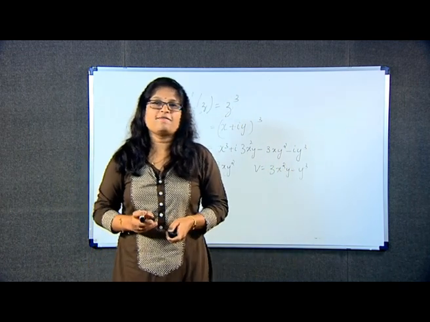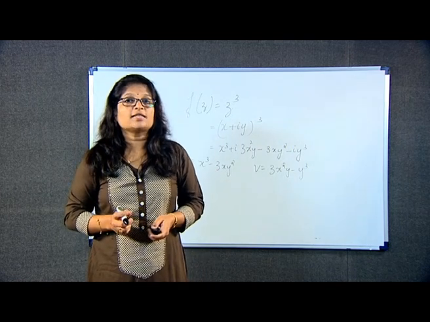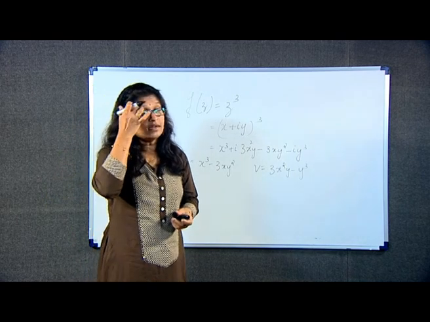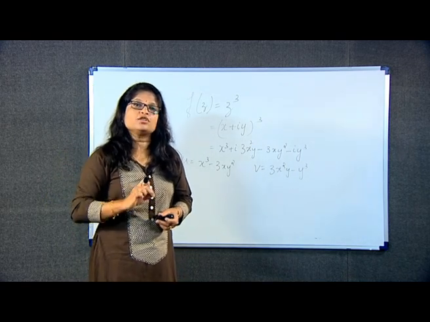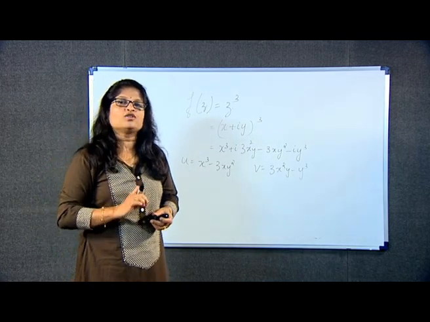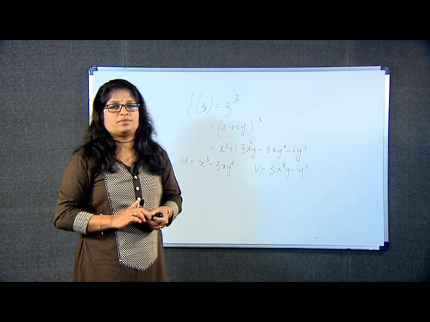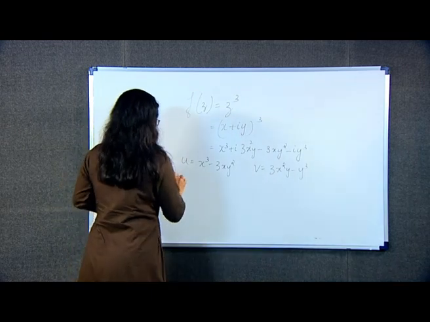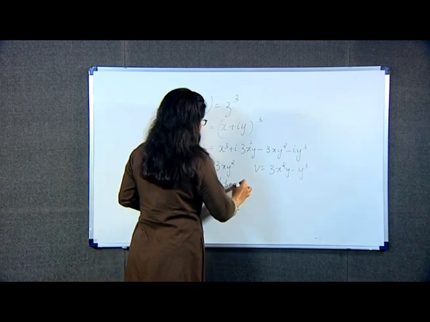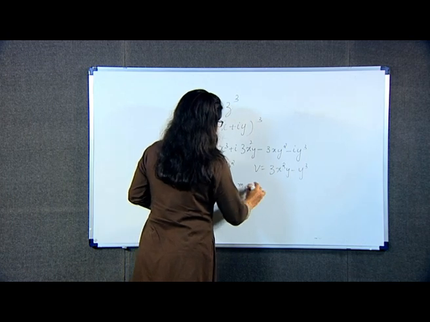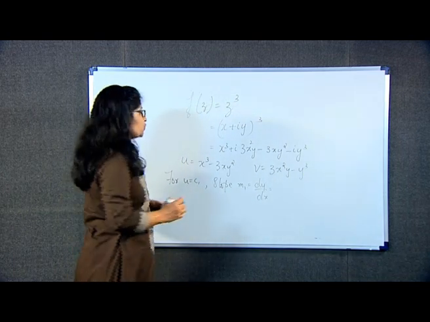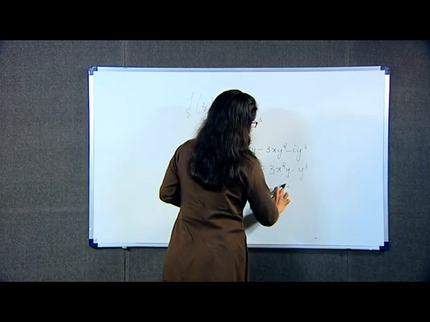Now, how do I verify whether they are intersecting orthogonally to each other? For that, as we have done when I explained the result, we need to find the slope m1 for the curve u equal to c1 and also for v equal to c2. So, how do you find it? For u equal to c1, the slope m1, that is your dy by dx, is minus dou u by dou x divided by dou u by dou y.